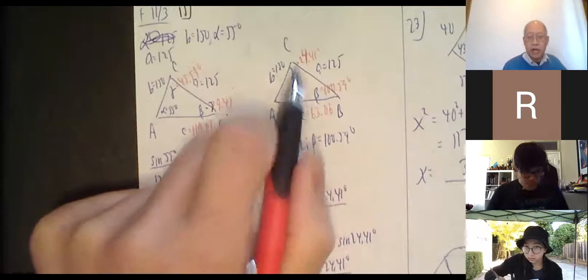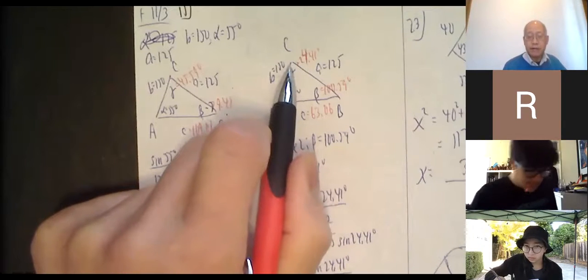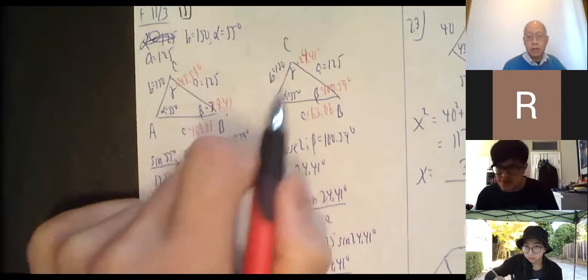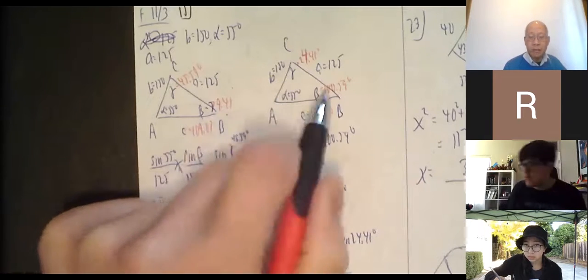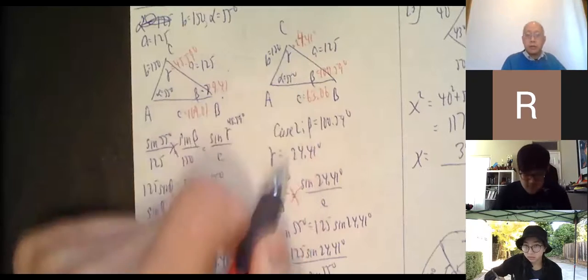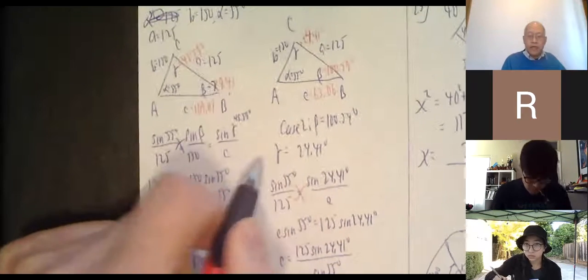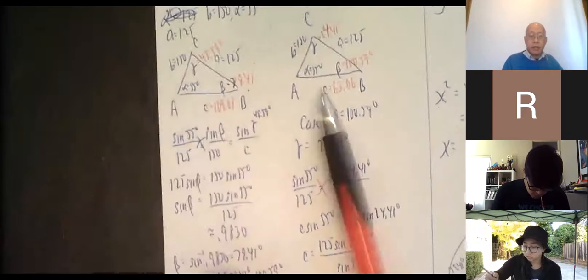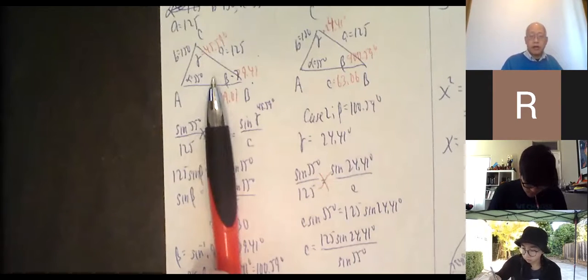Now that I have these two, again, you can just subtract 180 minus the sum. So 180 minus that plus that comes out to be 24.41 degrees. And the rest works out exactly the same. Again, ignore the middle fraction.